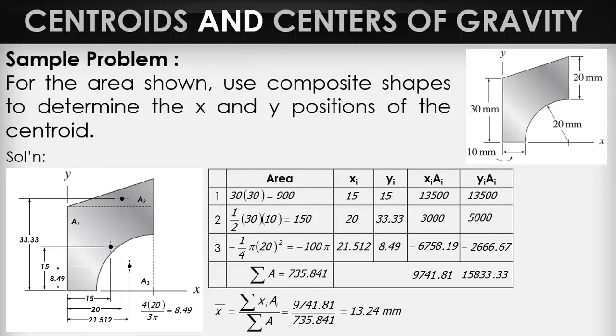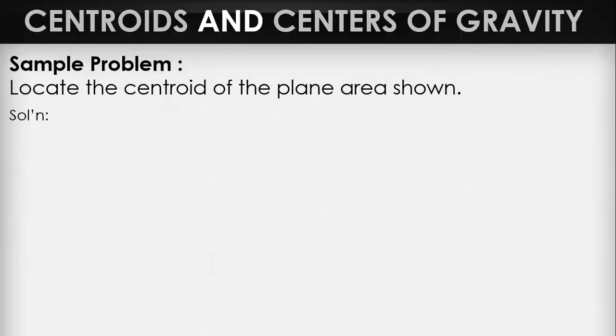Okay, and then x bar is 13.24. And for y bar, this is the formula, and then substitute values. 15,833.33 divided by area. 21.52 millimeters.